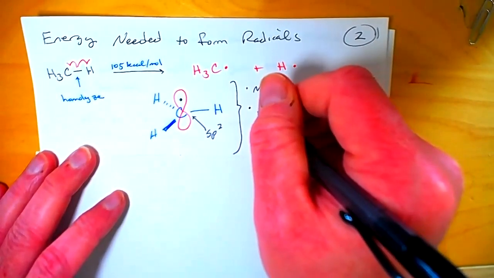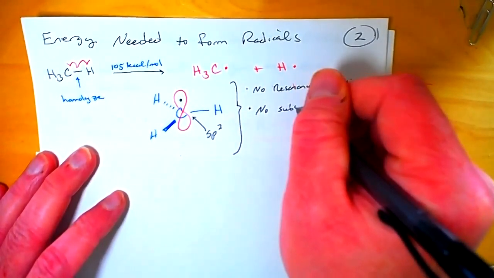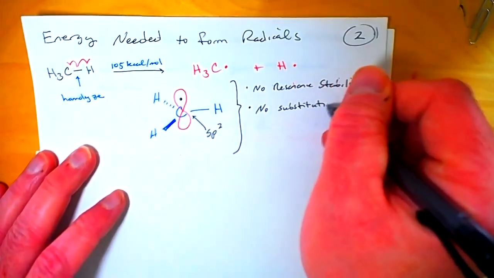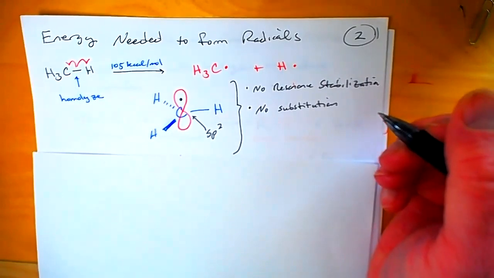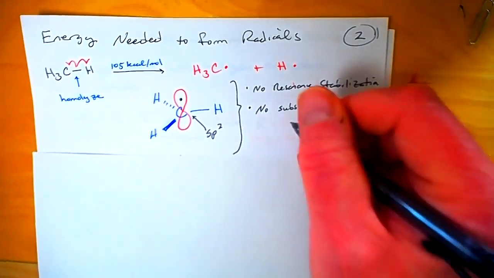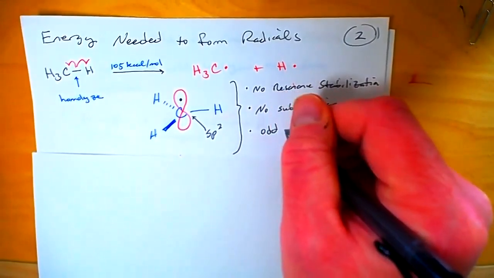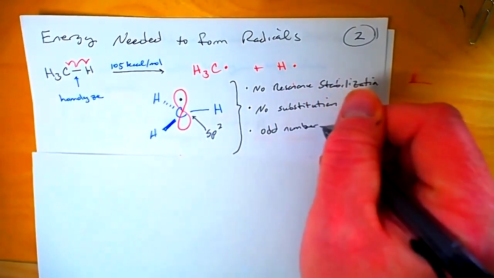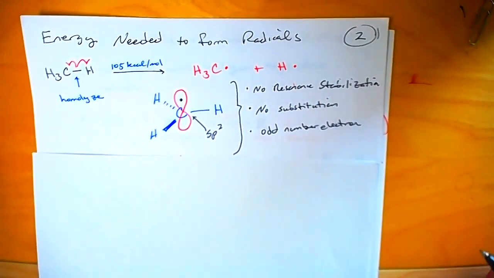There is pretty much no substitution on that carbon, and we have an odd electron on the carbon, which you're going to see with pretty much all of these radicals.